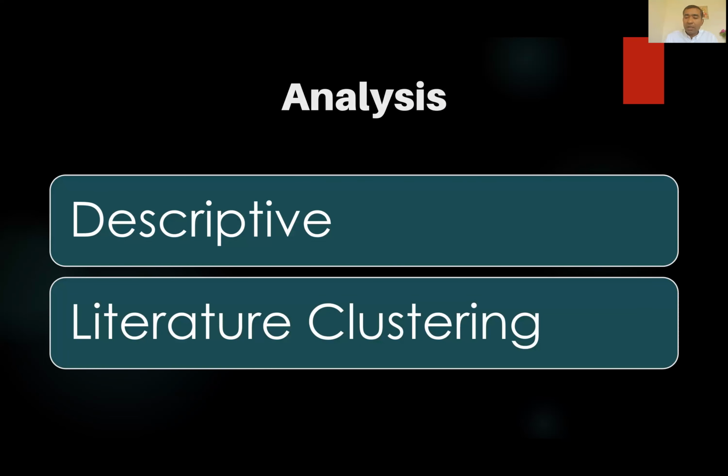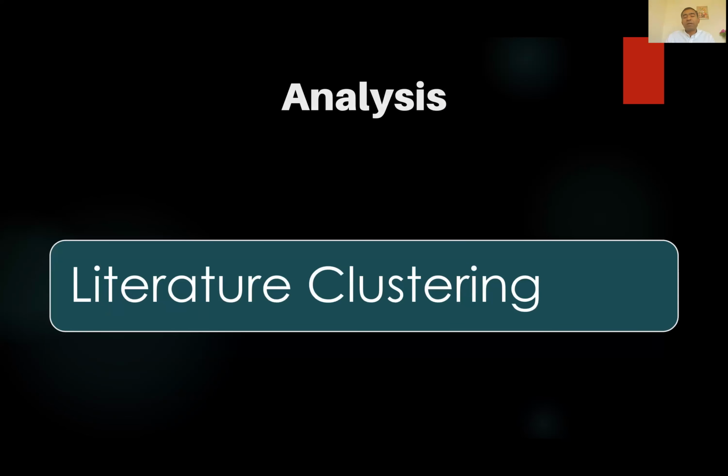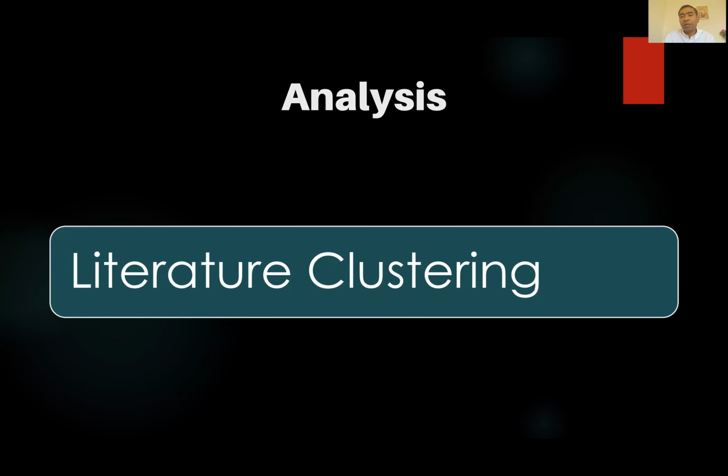And finally, we divided our literature into different clusters. I believe you have seen those videos, and I will try to upload another video on these clusters, on how we can divide our data into clusters, where you can consider the clusters as themes as well, and how to combine those subclusters into different themes.